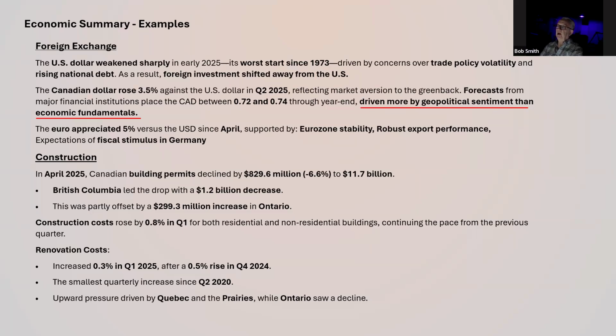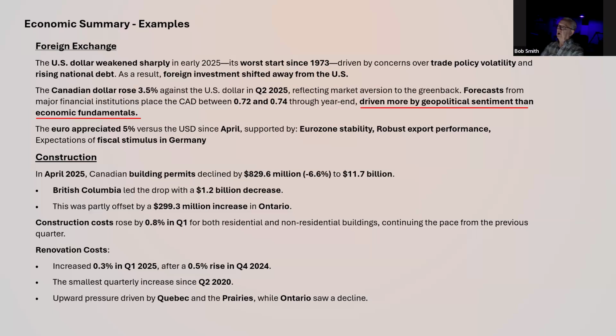Also in there are economic summaries, foreign exchange. The US dollar weakened sharply. It's the worst start since 1973 for the US dollar exchange rate. The Canadian dollar rose 3.5% in Q2 of 2025.